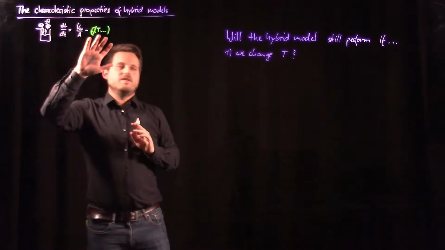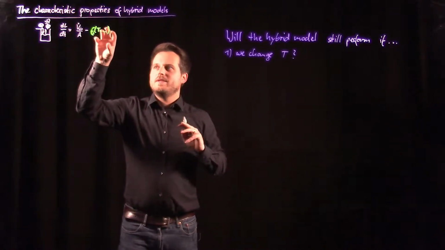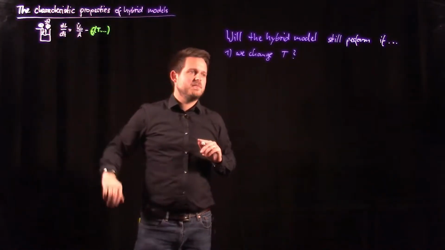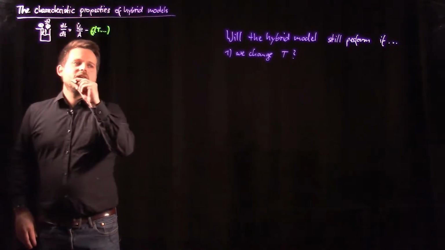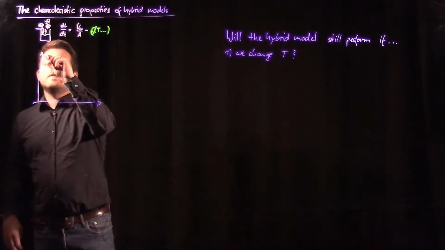So it is important to recognize that the temperature is used within this data-driven submodel part in our hybrid semi-parametric model. So therefore, the scenario from the experimentation would for sure look something like that.